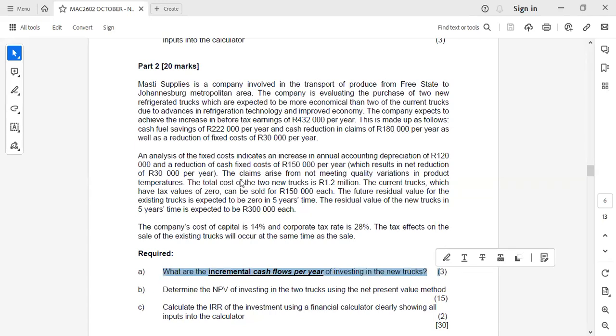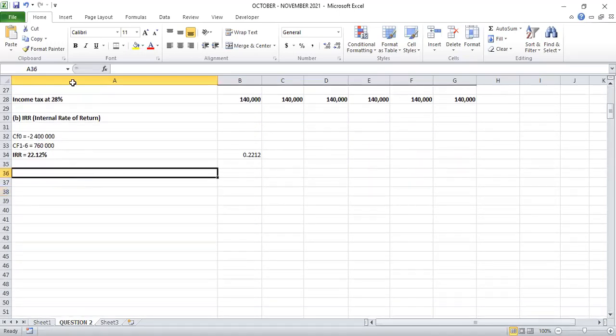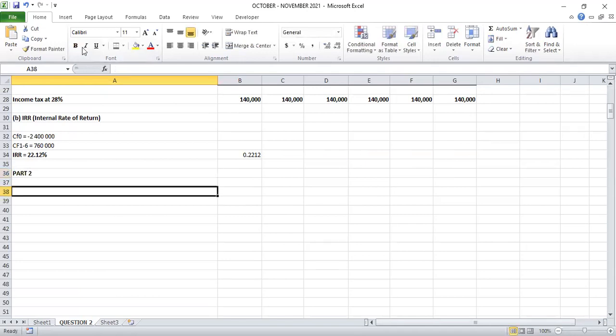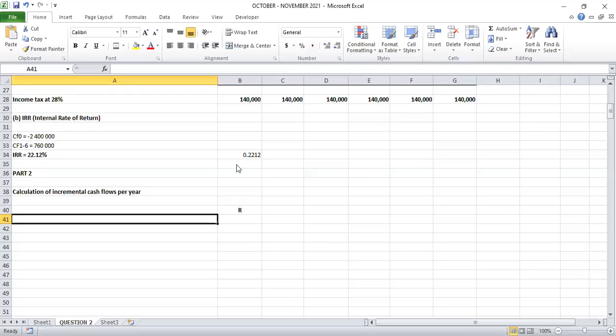So let's say calculation of incremental cash flows per year. Right. We are told that there is, so we're just adding up these things that were given.